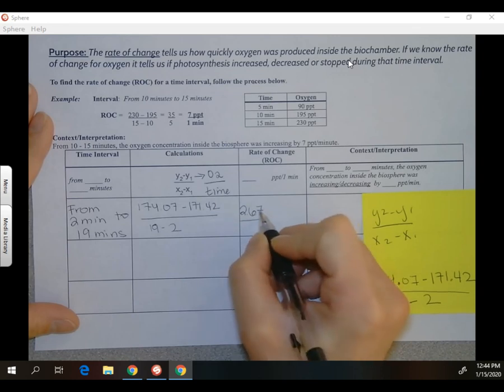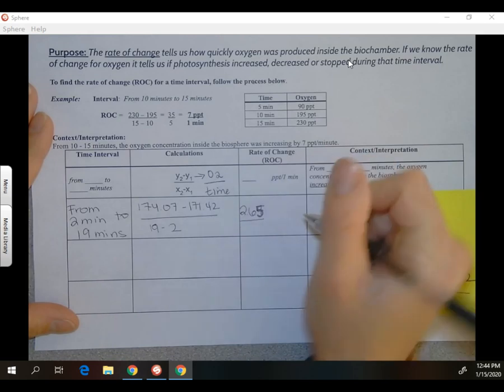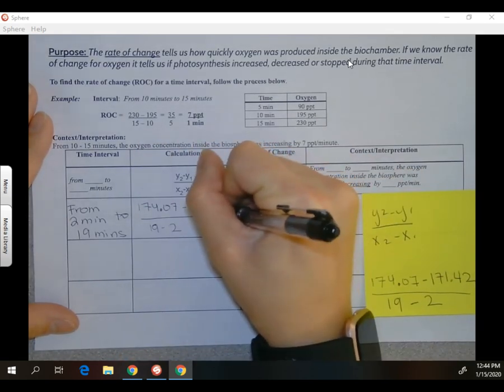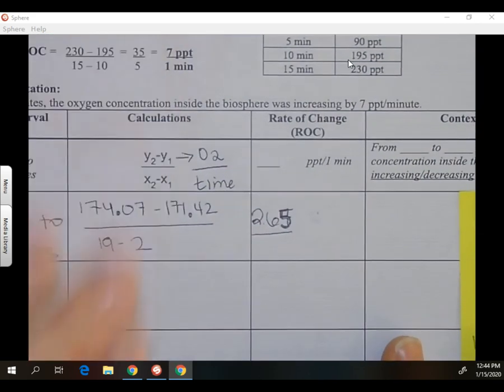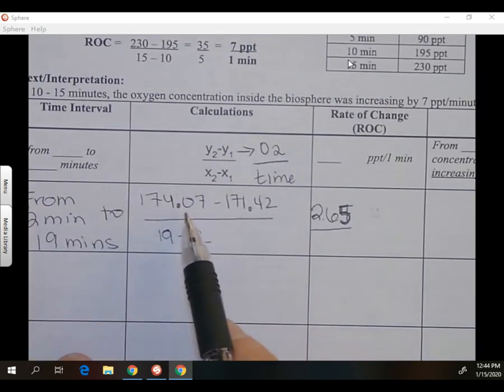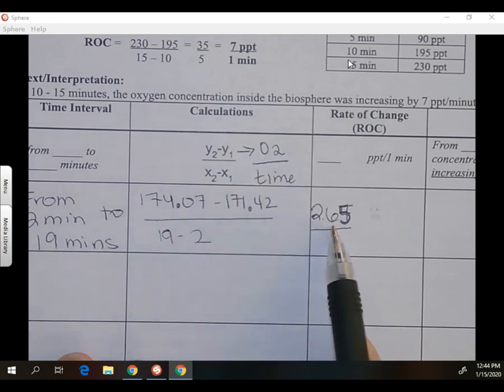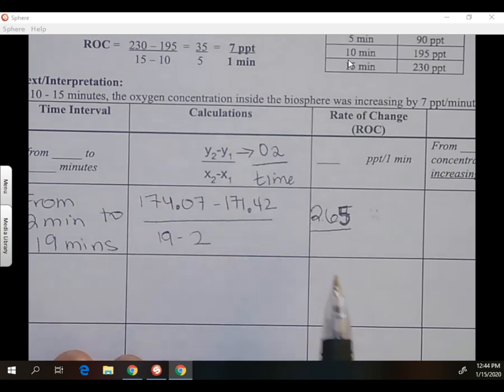Oh, thank you. I'm going to zoom in here now. So the top difference, 174.07 minus 171.42 is 2.65, right? Bjorn got that and Emily confirmed it. And then that's going to be over 17.